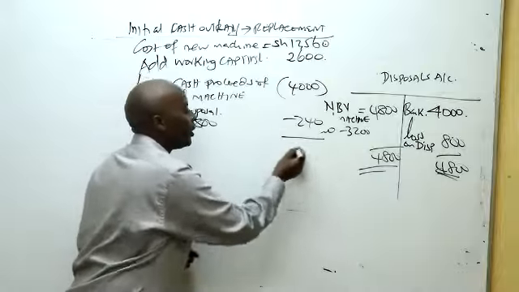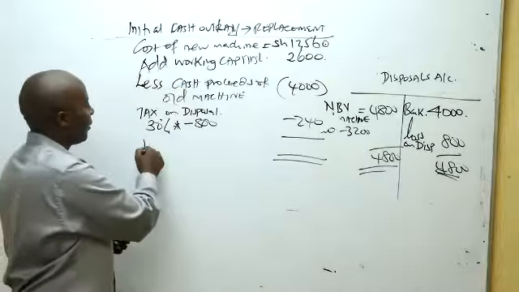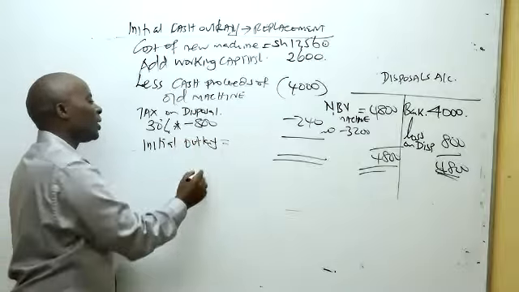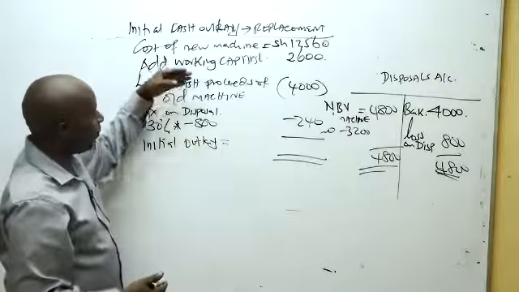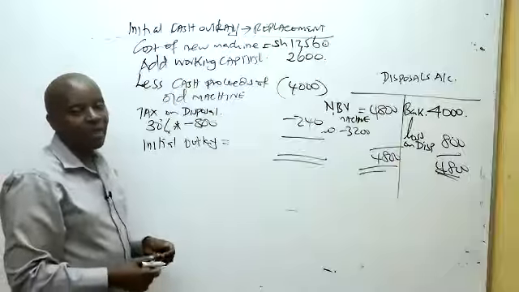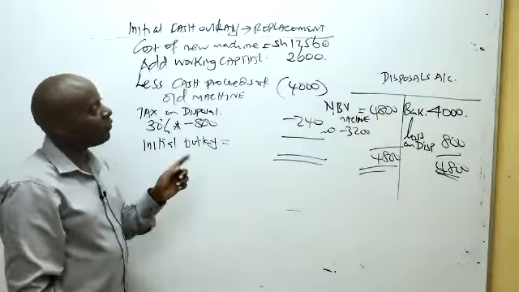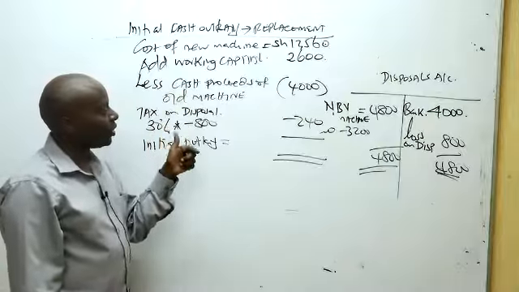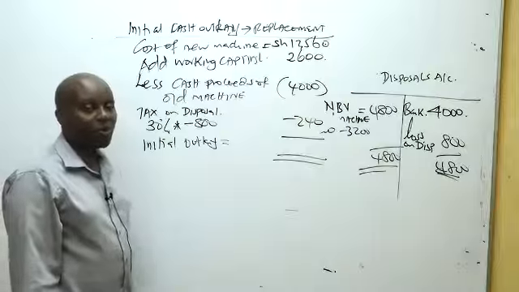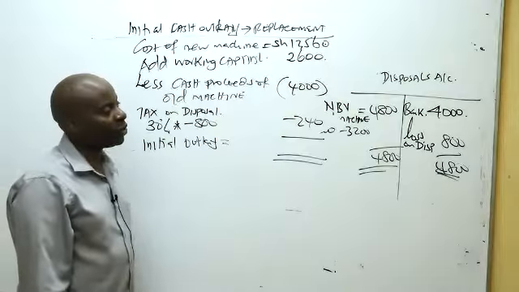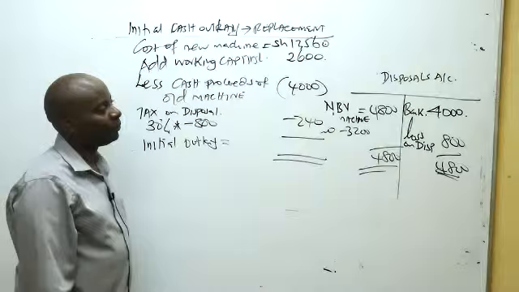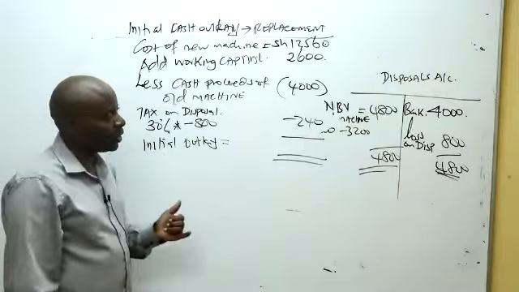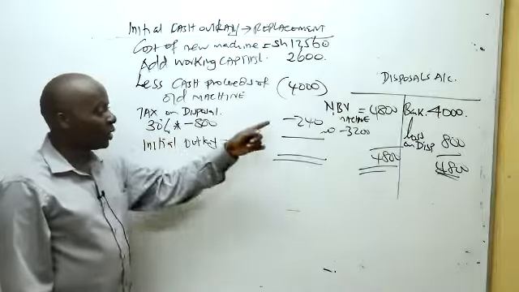Come and give us the initial outlay. Whenever they talk of existing machine, old machines, always remember this working; you can even cram it. So we have 12,560 plus 2,600. Those are expenses. These two are our incomes as a result of disposing the old machine. So in terms of income from disposing the old machine, we have the sales proceeds, and then we have the tax on this particular loss.